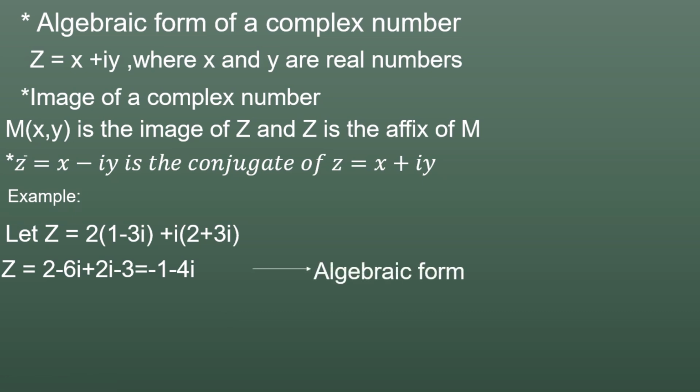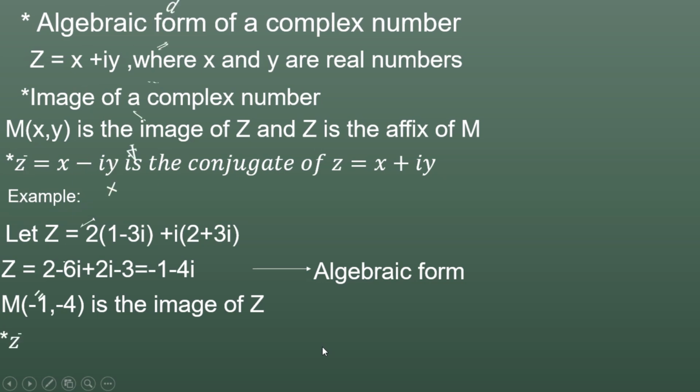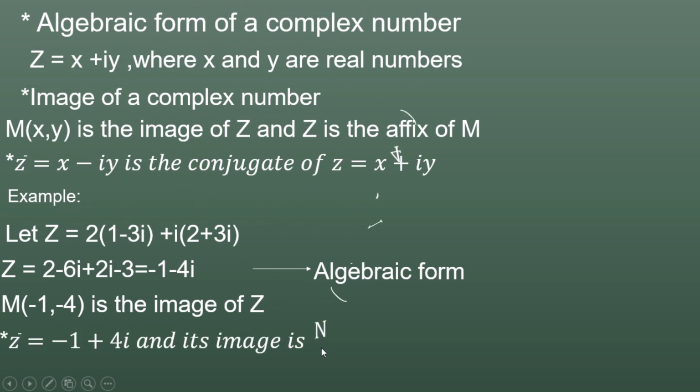And this is the algebraic form of the complex number z. M of coordinates minus 1, minus 4 is the image of z. Z bar equals minus 1 plus 4i. You have to change the sign of the imaginary part.